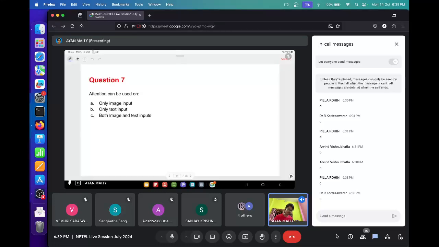Dr. R. Kotishwaran says option C. So the correct answer is option C, both image and text inputs.